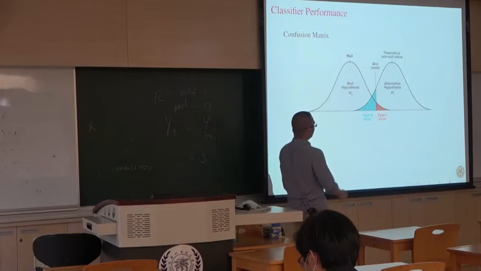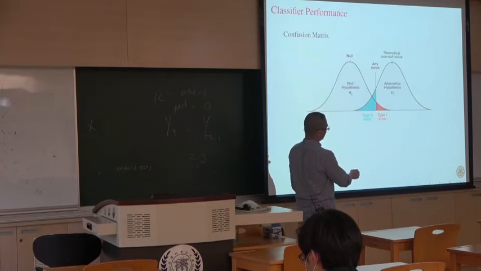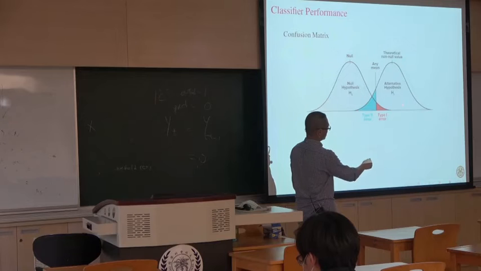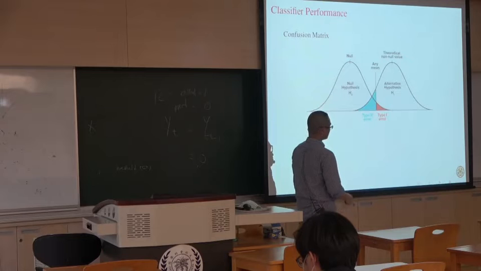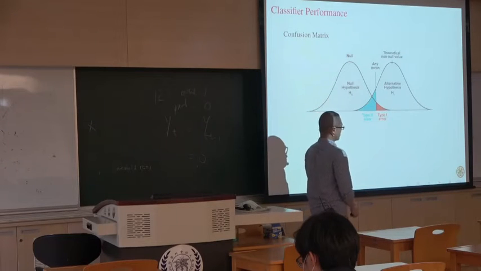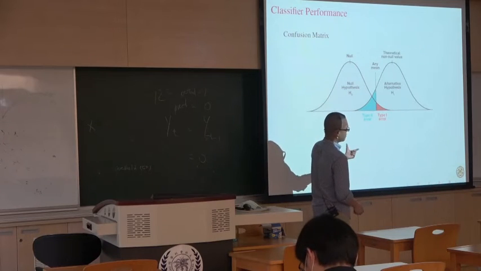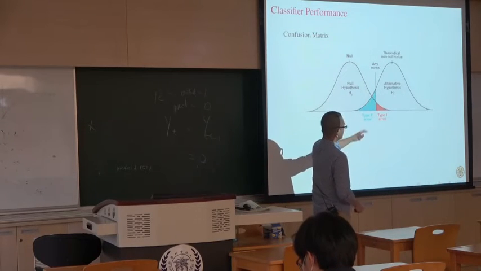But on the other hand, there are some actually false events that also lie in the distribution of true events. So we need to quantify the error we might encounter in classifying this.